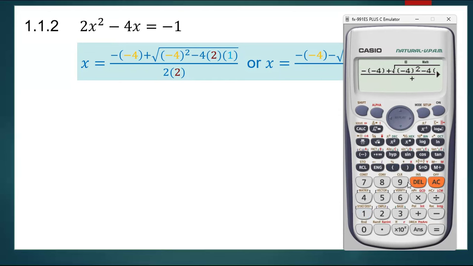You will have 2, open brackets, 2, close brackets. And then you equate. This is what you will get.